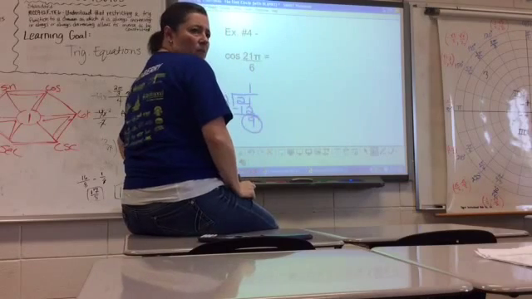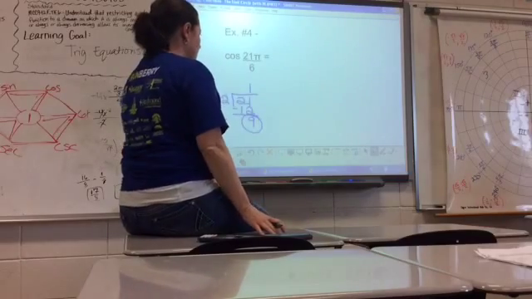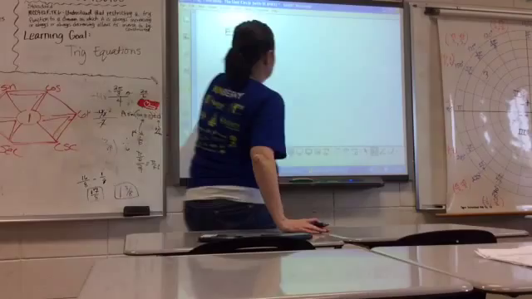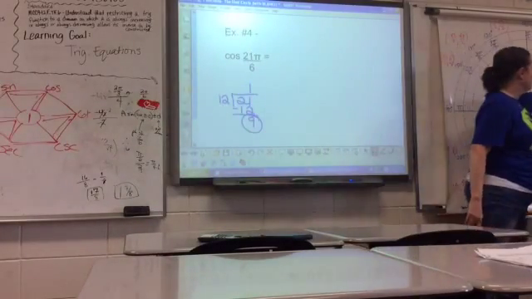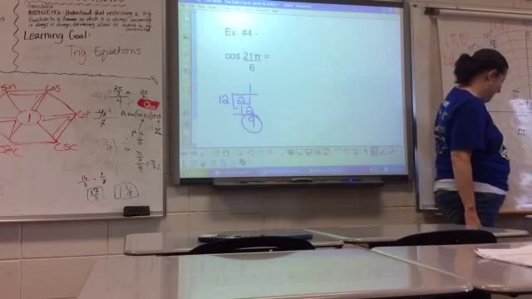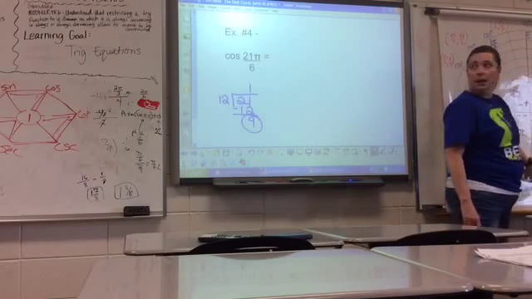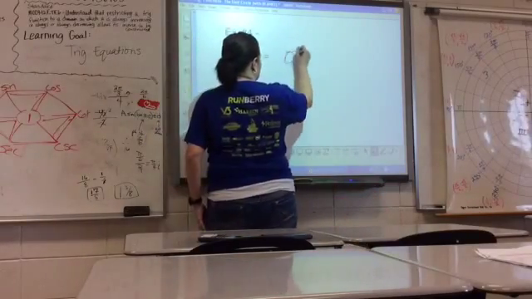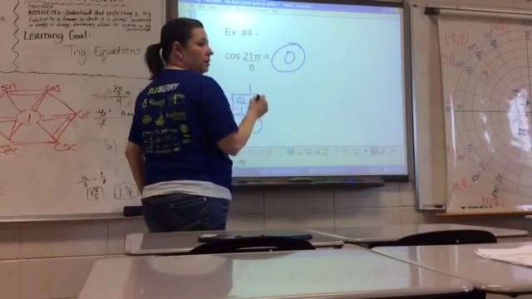Where'd y'all get? 270? 270, that's what I was thinking too. 12 goes into it one time, so one time around and 9 more. And we're counting by 6. So 1, 2, 3, 4, 5, 6, 7, 8, 9, straight down. So the cosine is 0. Everybody good?